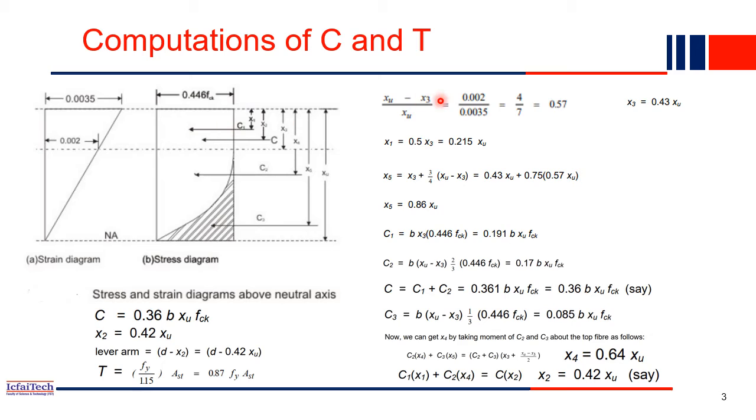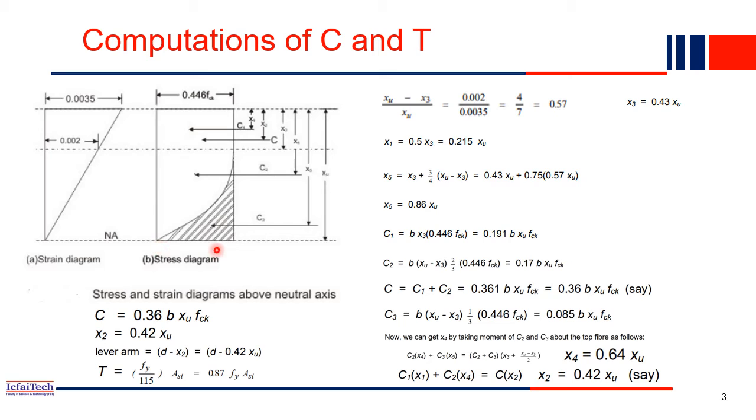Now for the stress diagram of concrete, from 0.002 to 0.0035 the stress is constant. From 0 strain to 0.002, the parabolic shape will be there. So after 0.002, the stress block is constant. That's what we understood from the IS code figures.